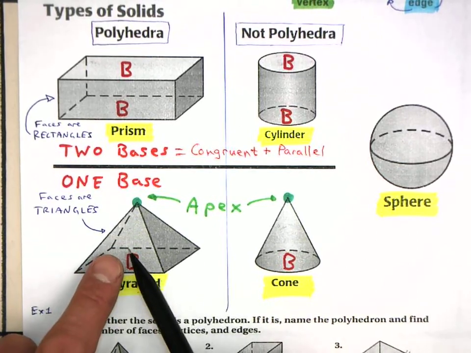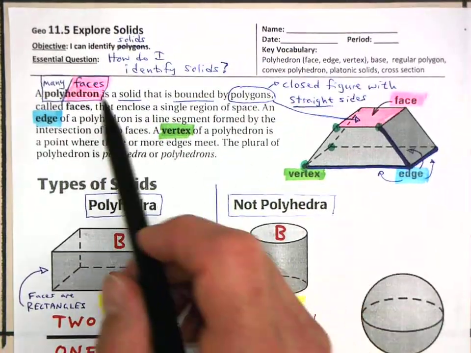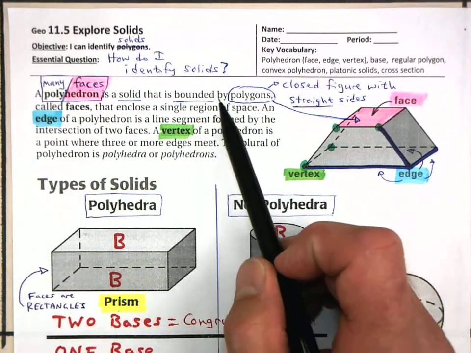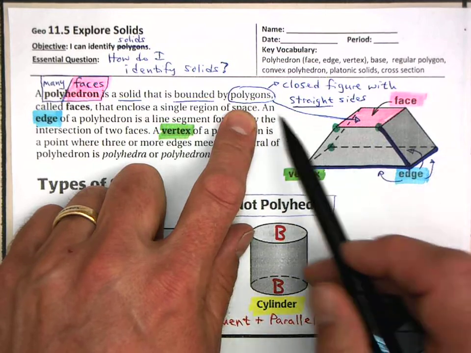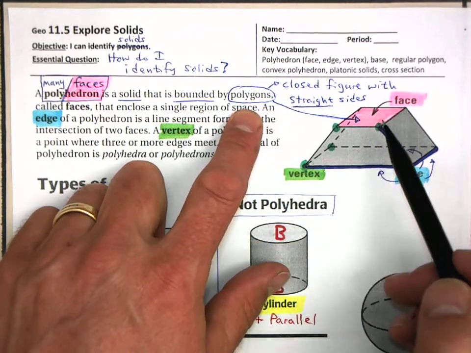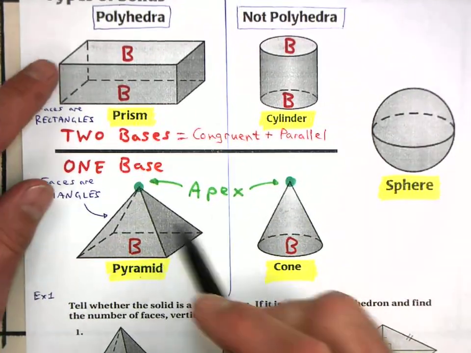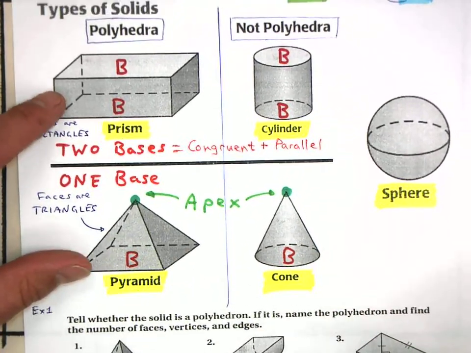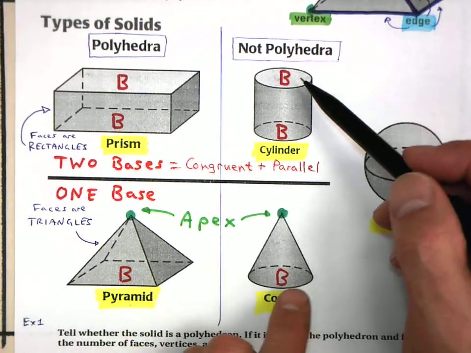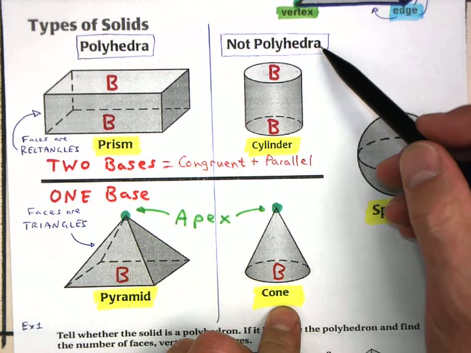Because each of these surfaces are polygons. Right? Polyhedron means each of the surfaces is a polygon, and we call those surfaces faces. Okay, we got that. And again, these over here, the cylinder and the cone, are not polyhedra.